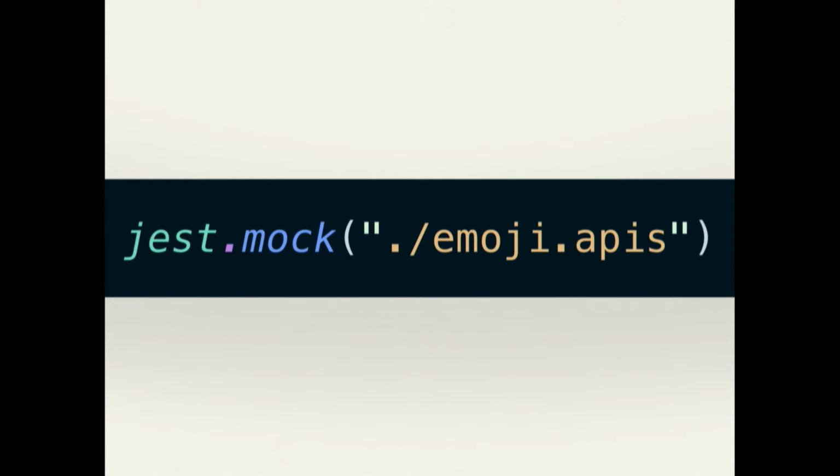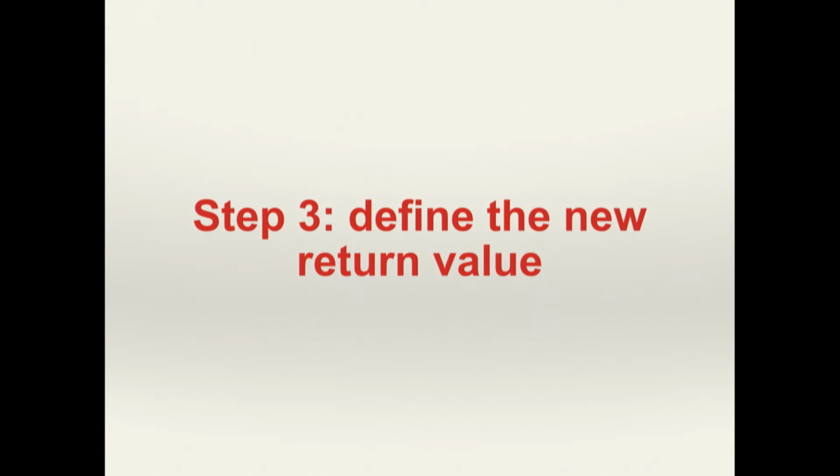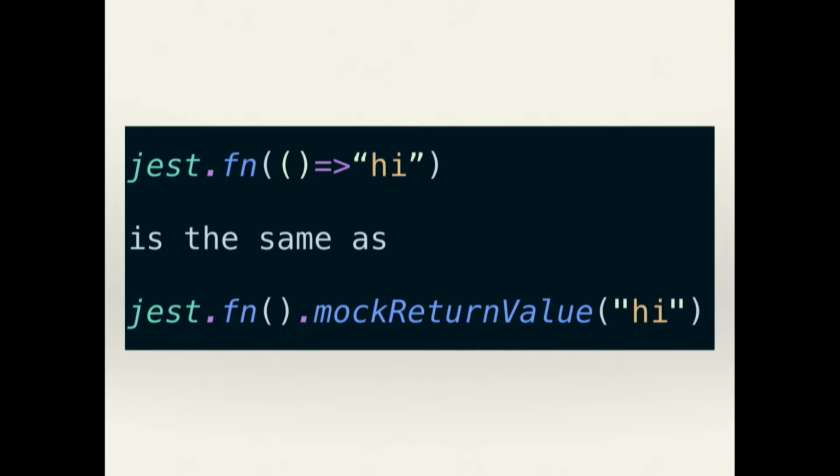You jest.mock that file, and now everything is wrapped in fn. And then all you have to do in order to test that is to define the new return value. In our case, each function is already wrapped in jest.fn, so we're going to use a different method of doing it, which is mockReturnValue, which is just a convenience method.